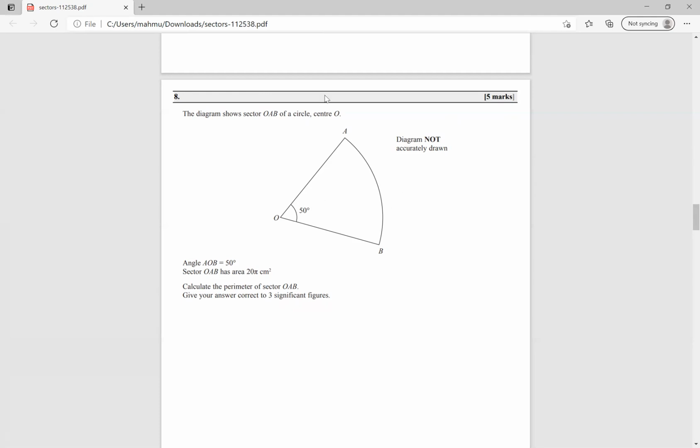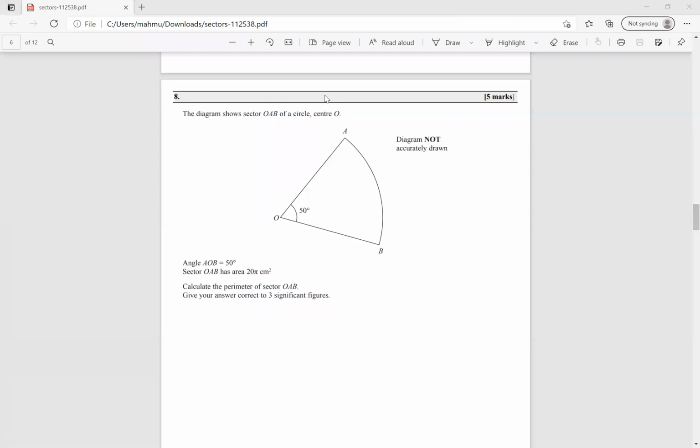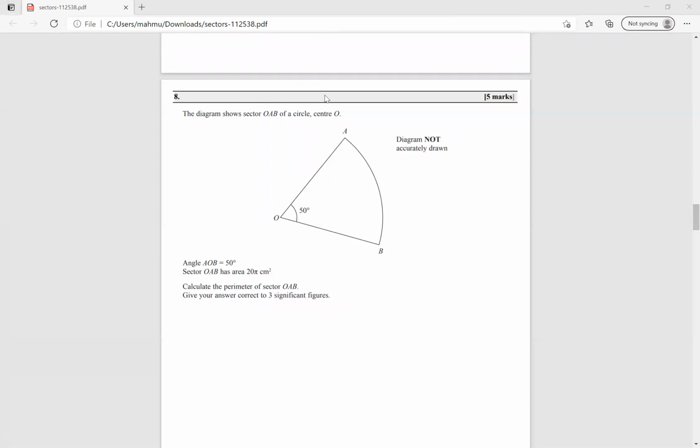Well, first write me the formula to find the area of that sector. What formula did we use to find the area of a sector? We can just do the arc length plus 2 times radius.